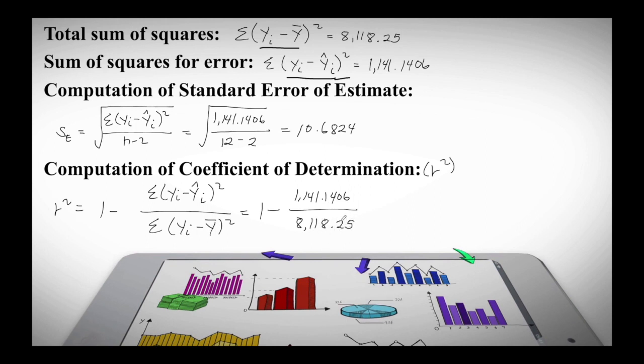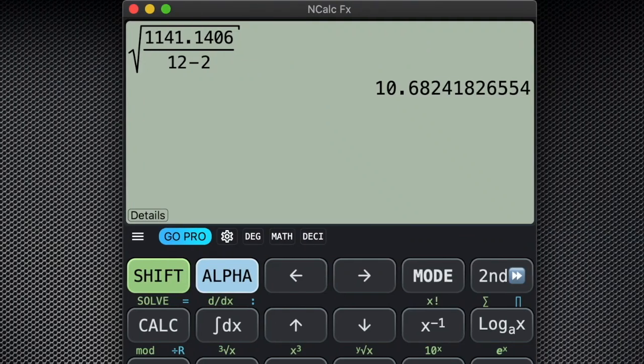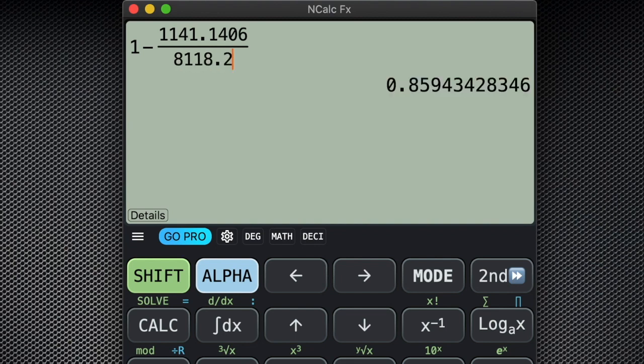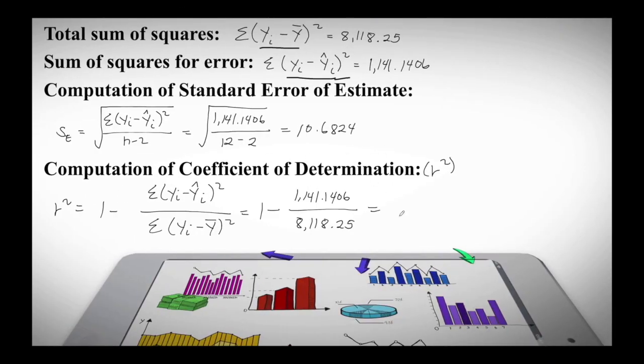Let's go to our calculator and get the value. 1 minus the fraction 1,141.1406 over 8,118.25. The answer is 0.8594, or simply, this is equivalent to 85.94%. This is now the value of our R squared.